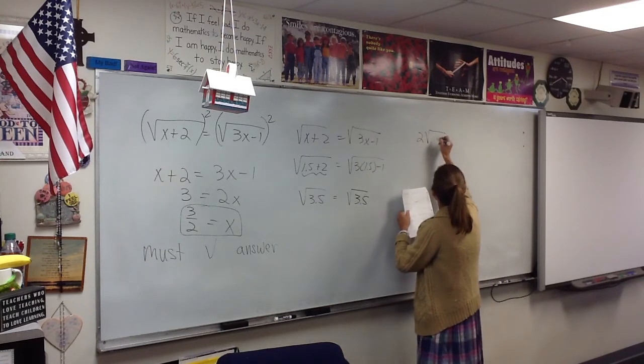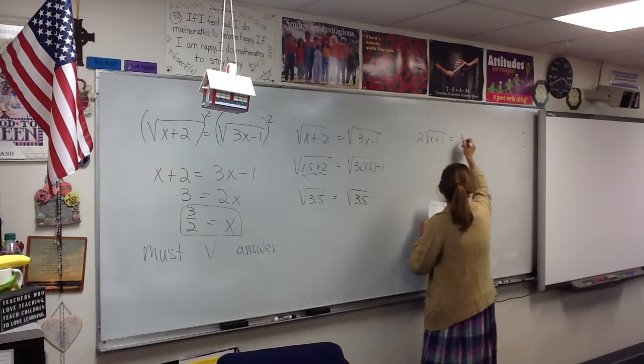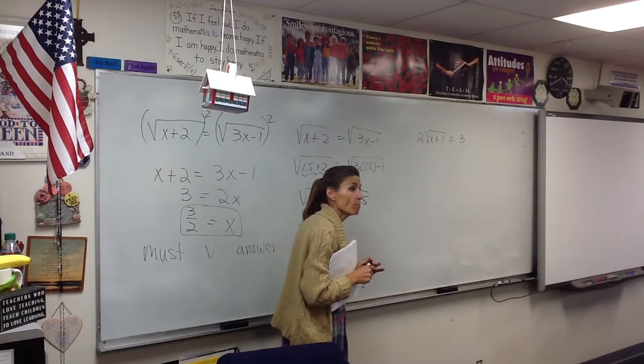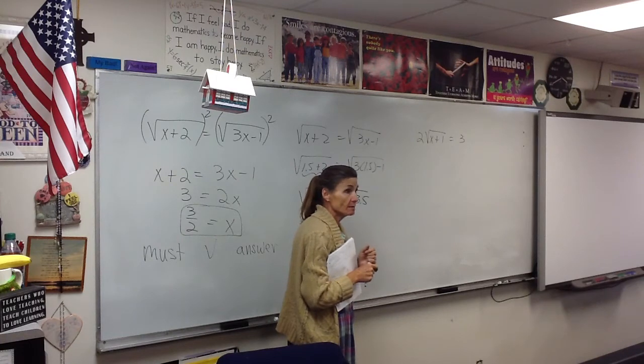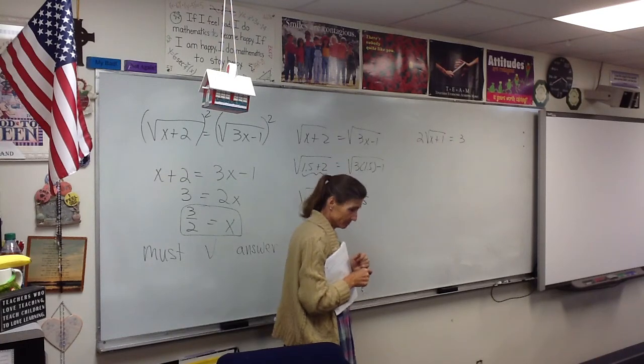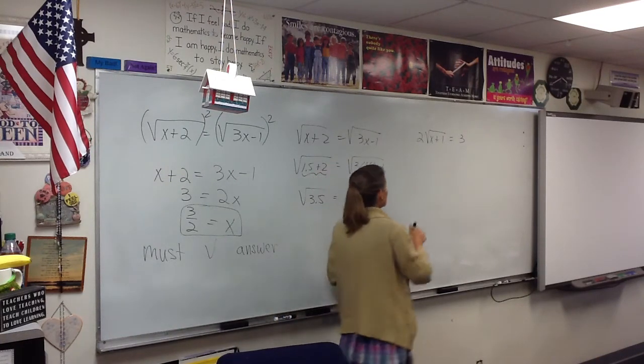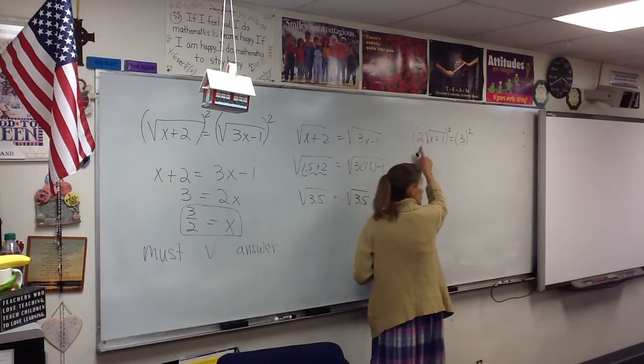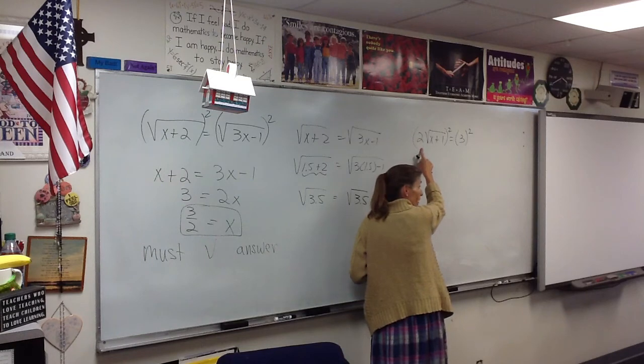Next. Do you think we should square both sides to solve this? Yes. When you square both sides, though, be very careful. See that 2? It has to be squared.